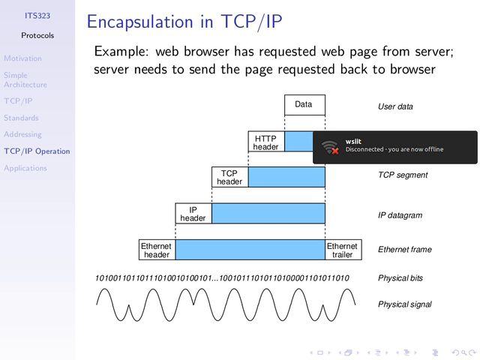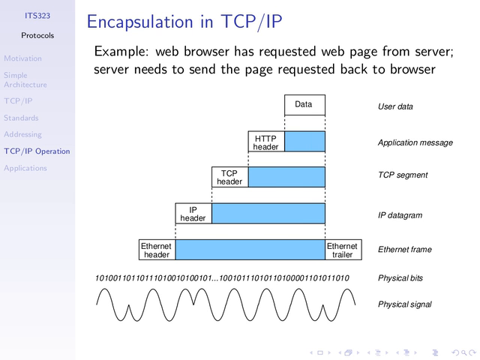Let's see what happens from the perspective of the layers. We'll focus simply on what's coming back, the file that's coming back. We'll look in detail at sending a message from the application at computer B to an application on computer A. What happens within the layers?